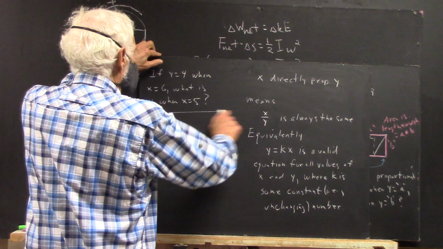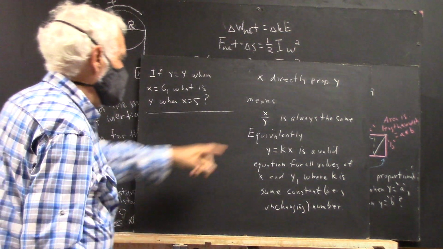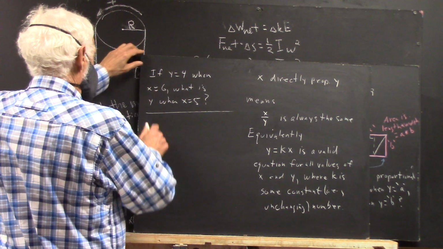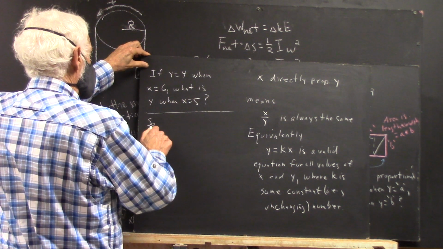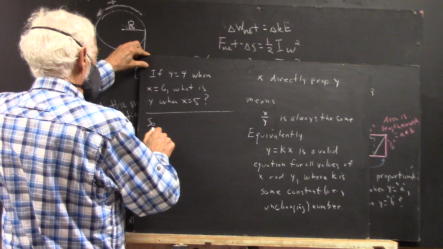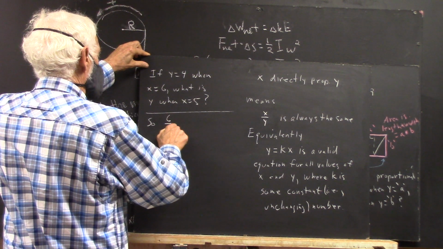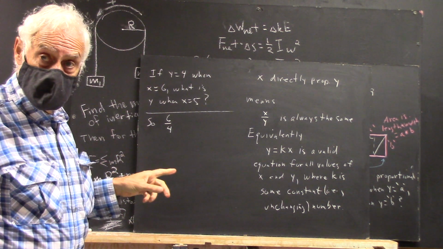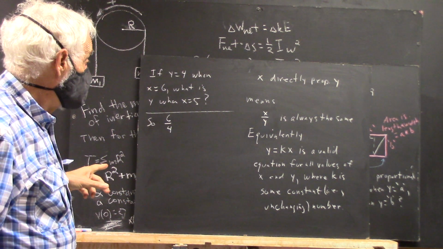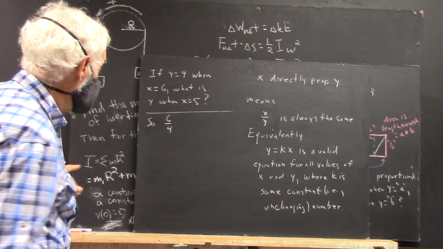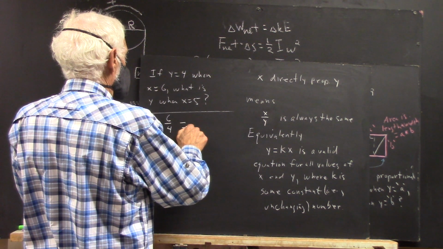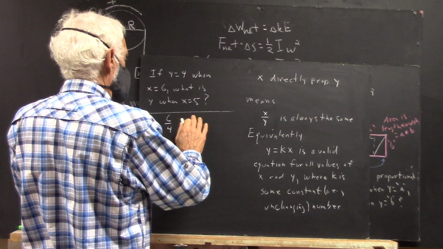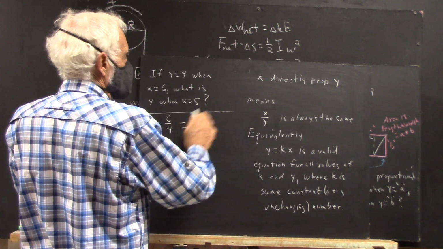So we have this formal thing that we can do. Okay, x over y is always the same. Well, x over y, for the numbers we're given, is 6 over 4, right? And that has to equal, I should have done y over it.